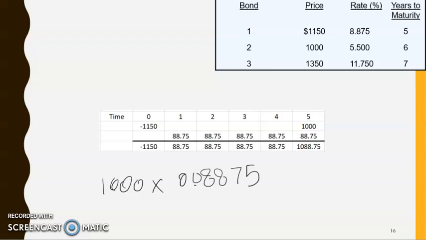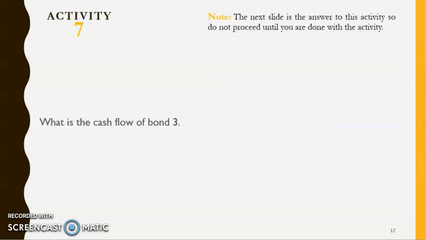After getting the cash flow for bond 1, let's repeat this activity for another bond to make sure we are good with that. So in activity 7, you are asked to create the cash flow for bond 3.